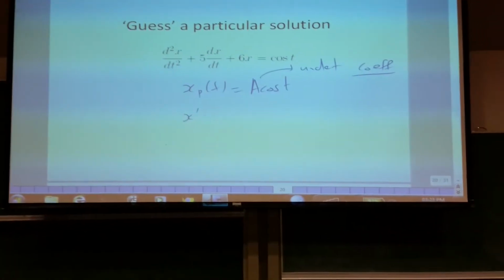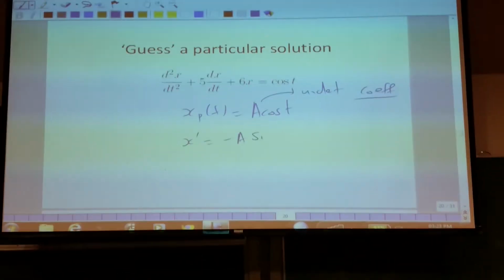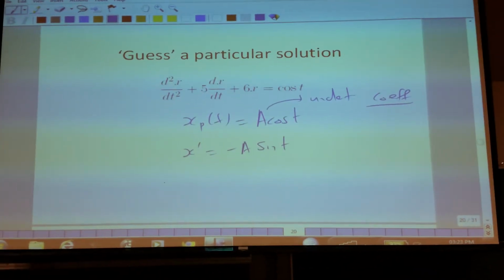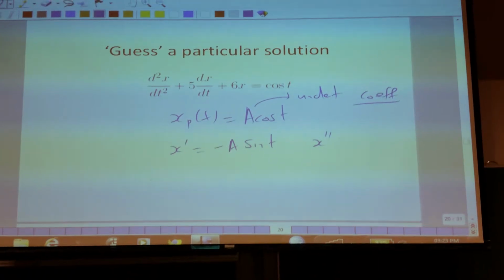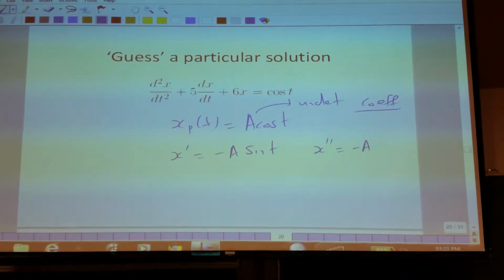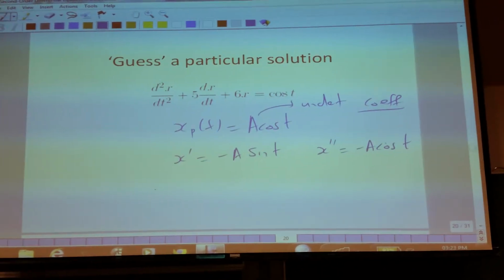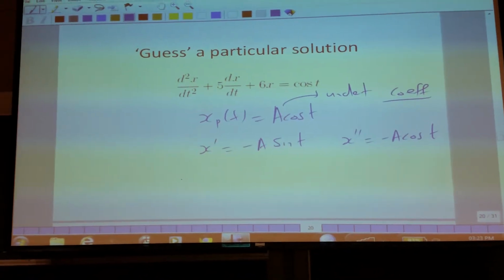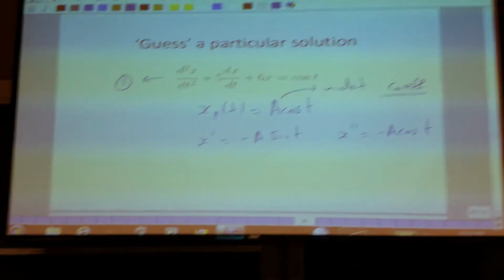If we do that, then we need to differentiate that once, we end up with minus a sine t. If you differentiate that twice, with respect to t, you're going to end up with minus a cos t. If we now dump that into equation 1, what do we get?